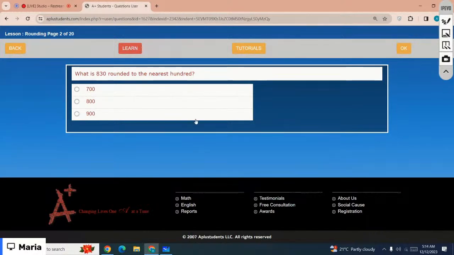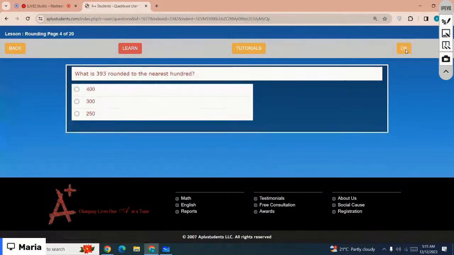The correct option is 800. Yes, it is. 47 is rounded to 50. The correct option is 50.